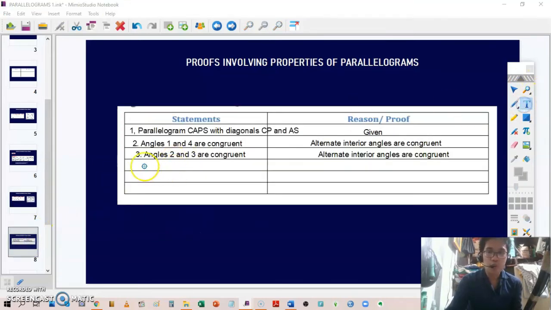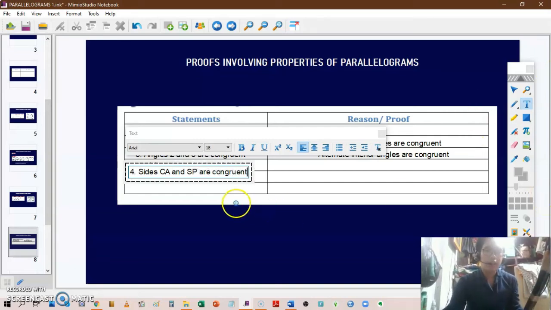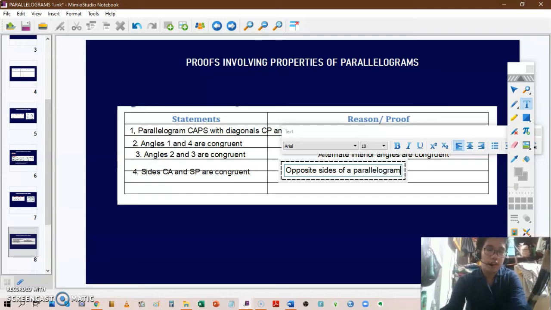So for number 4, sides CA and SP are congruent, and the reason is that the opposite sides of a parallelogram are congruent.